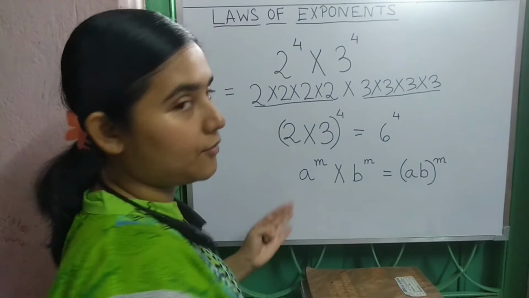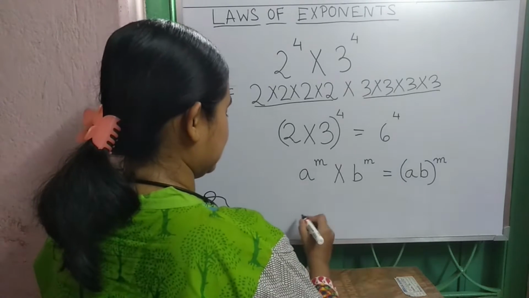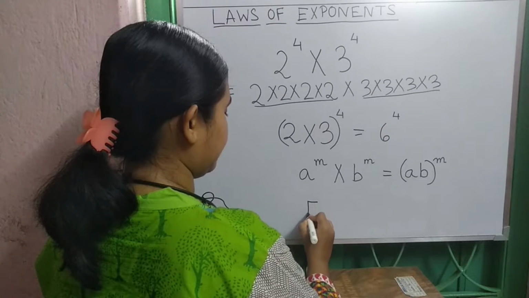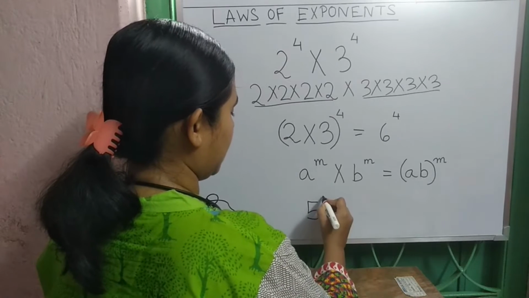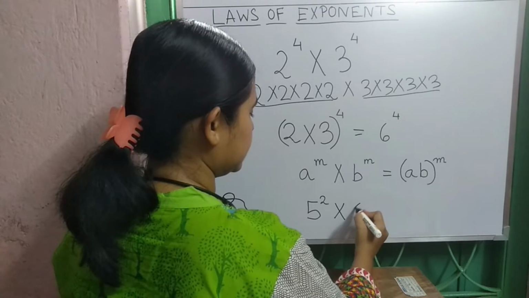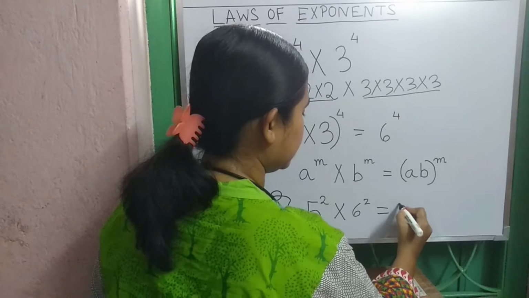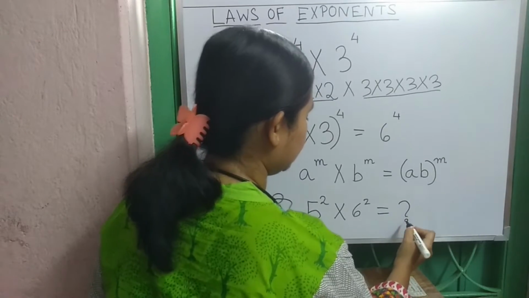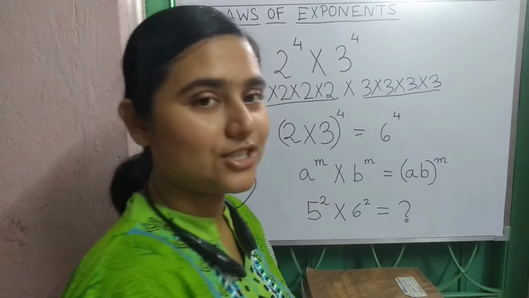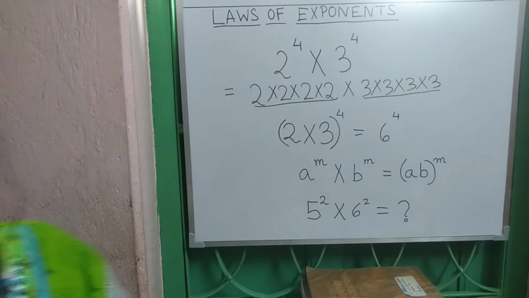Okay. Now from here I will give you a question. Suppose it's 5 to the power 2 and 6 to the power 2, then what will be the answer in exponential form? Write it in the comment box.